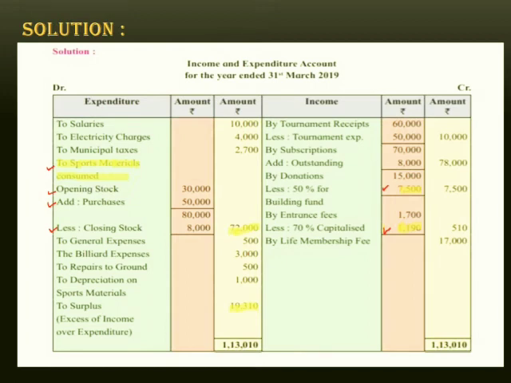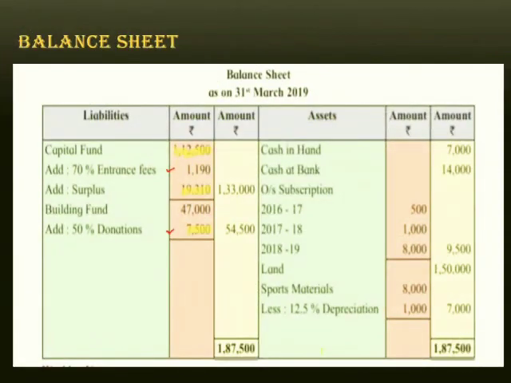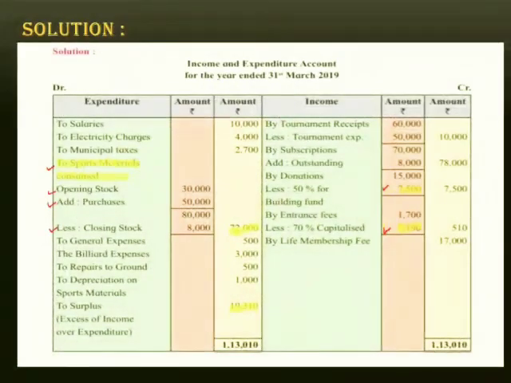Now this is the closing balance that we have to write under the balance sheet asset side. See, here it is written cash in hand 7,000, cash at bank 14,000. Clear up to this? Now we will go for the receipt side.